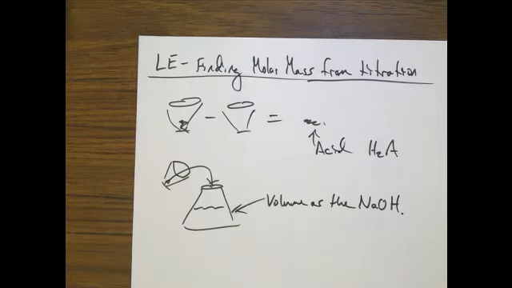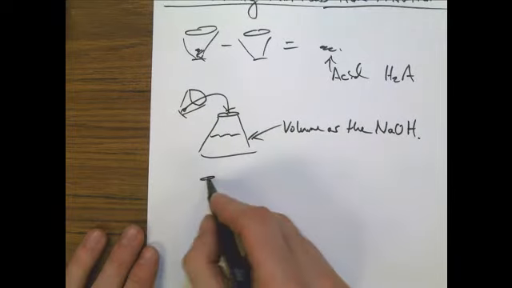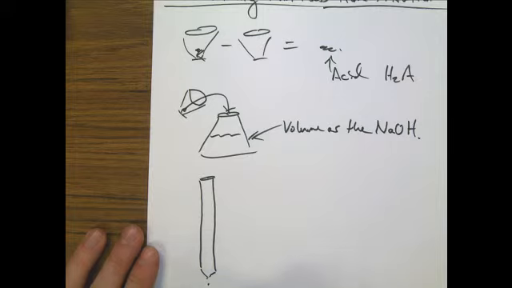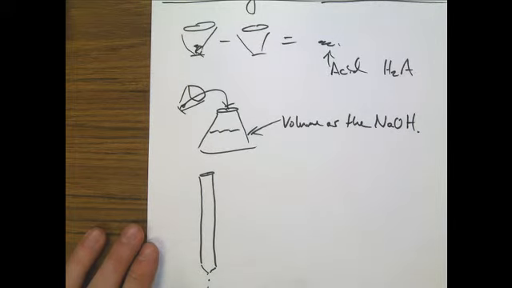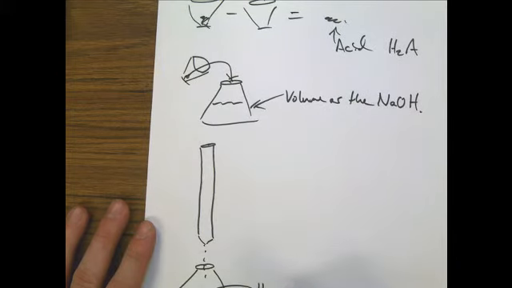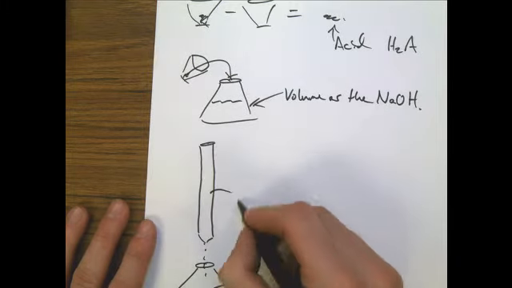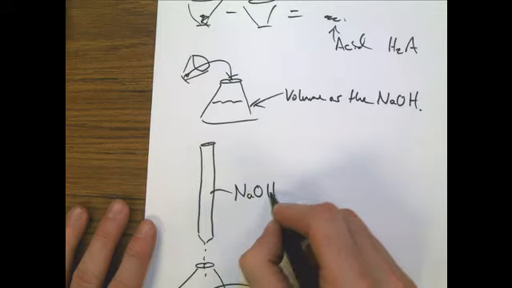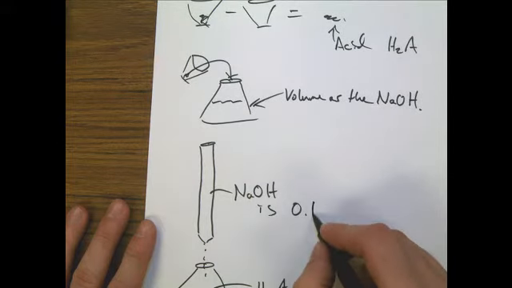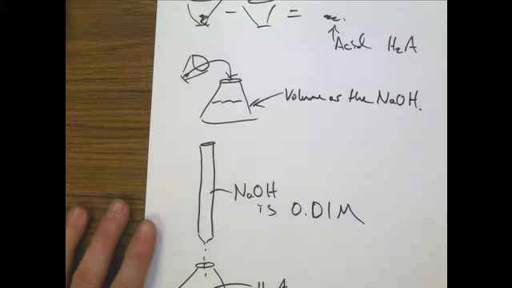Then you begin your titration, but this time you actually know the concentration of the sodium hydroxide. So this is being titrated into a flask which has your unknown H2A. The base that you're going to be titrating it with, sodium hydroxide, is of a 0.01 molar concentration.